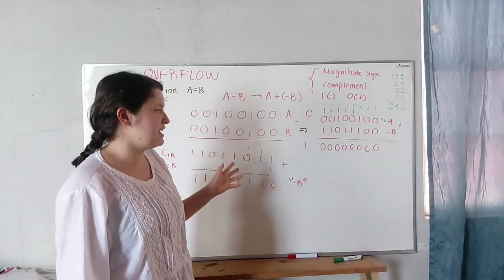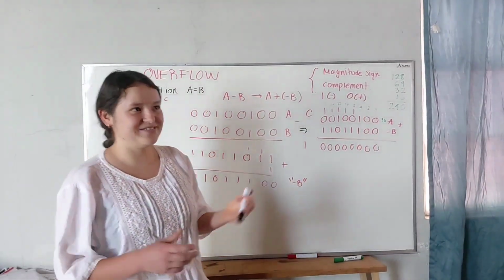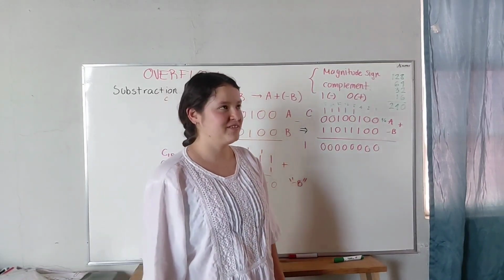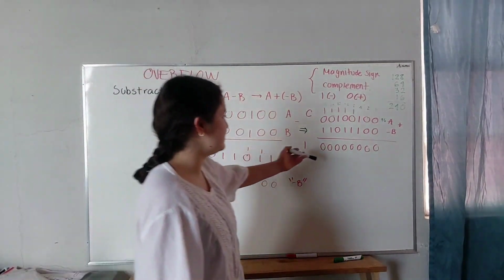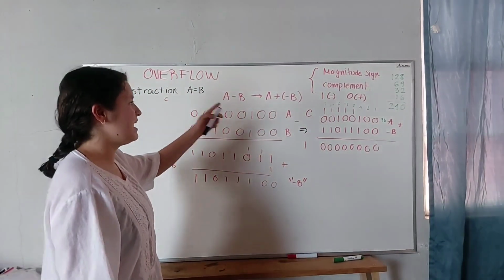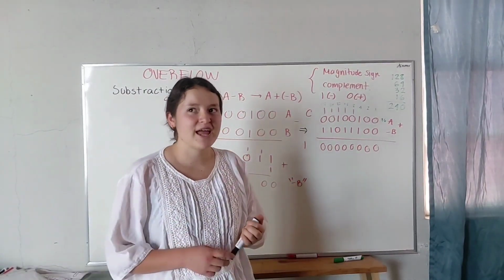The leading bit represents the sign of the number, but a 0 could be positive and negative. Anyway, we have a 0, and that makes sense. A minus B, or A plus minus B, is 0. Here we have no problem.